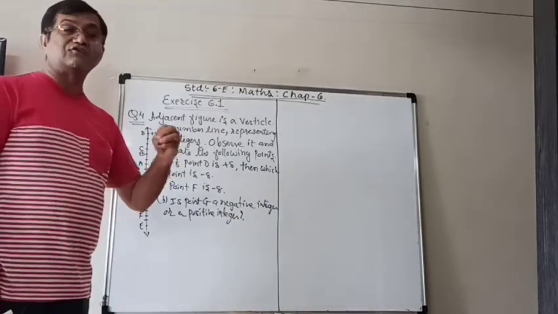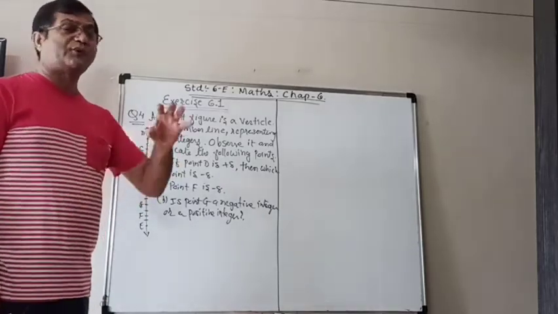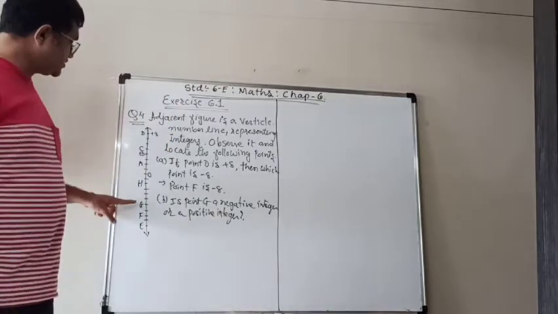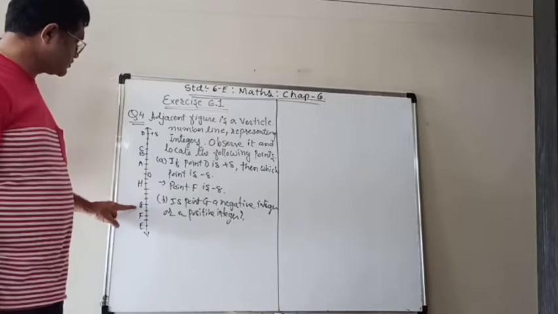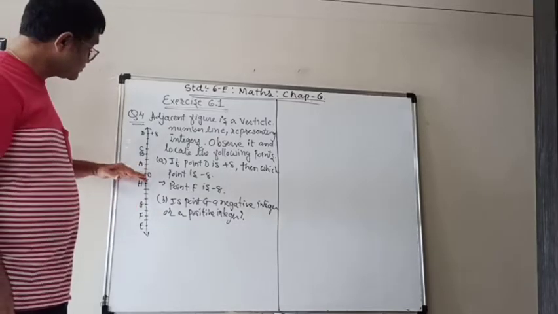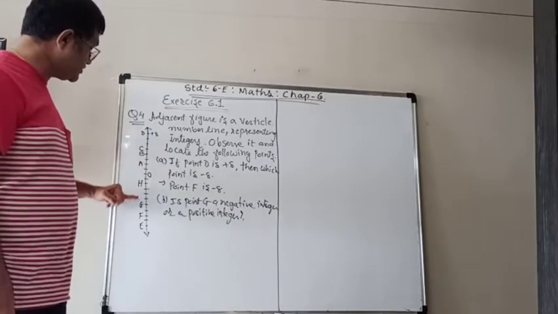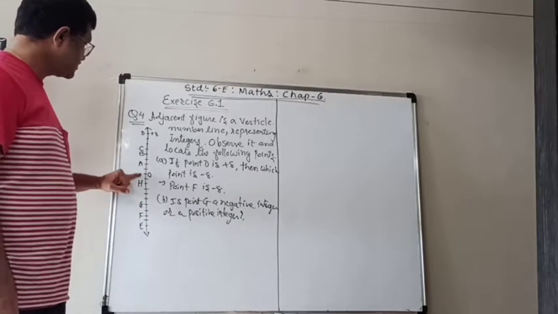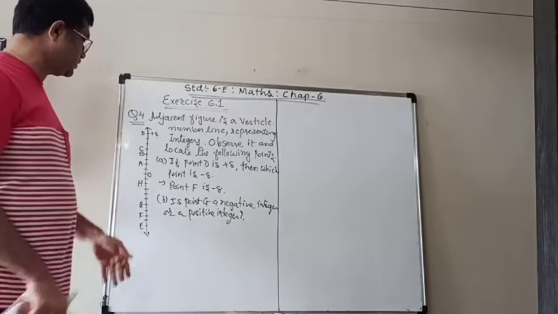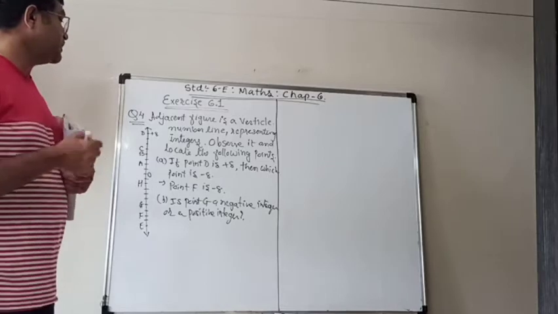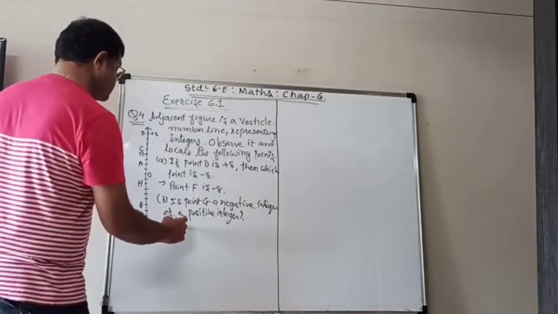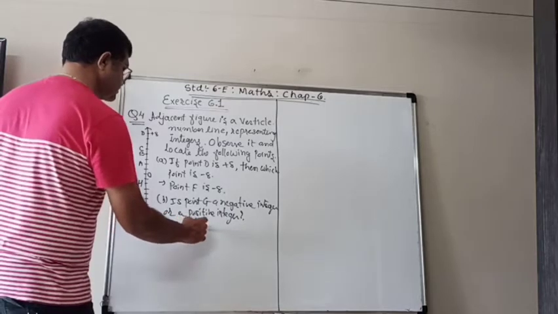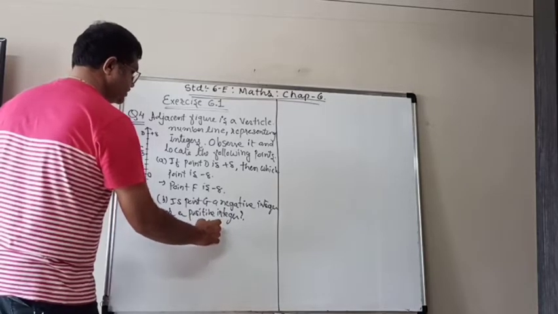So check which side is the point G. You can see that G is here, which is downwards from point O, point 0. It means that this side all are negative, this side positive. So G is downward, so it is a negative integer. So we can write down G is a negative integer.